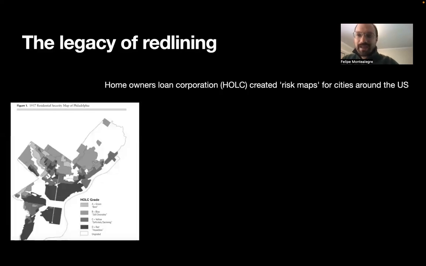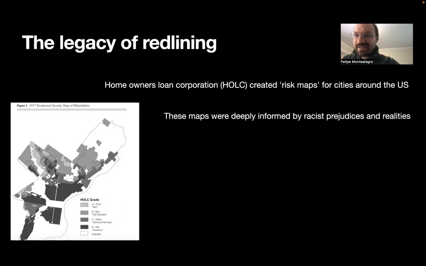As many of you might know, in the era after the Great Depression, the Home Owners' Loan Corporation started creating risk maps of cities around the US to try to incentivize investment in housing, which was of course done with very hard racial prejudice, with very stark racist ideals and realities behind it.